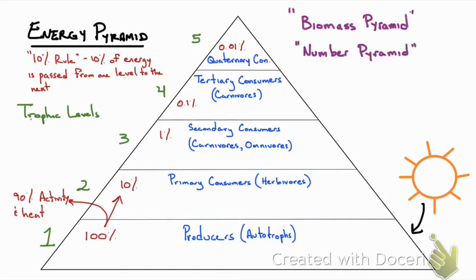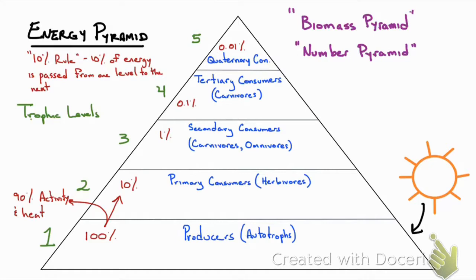Now, sometimes we might also talk about what we call biomass pyramids or number pyramids. Similarly to the energy pyramid, we assume that the amount of biomass from one level to the next is only going to decrease. And both the biomass pyramid and the number pyramid roughly follow the 10% rule.